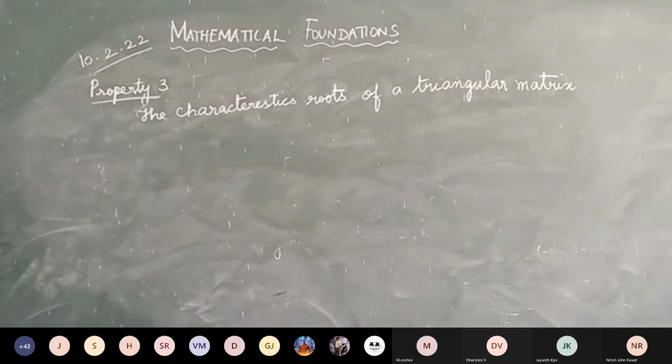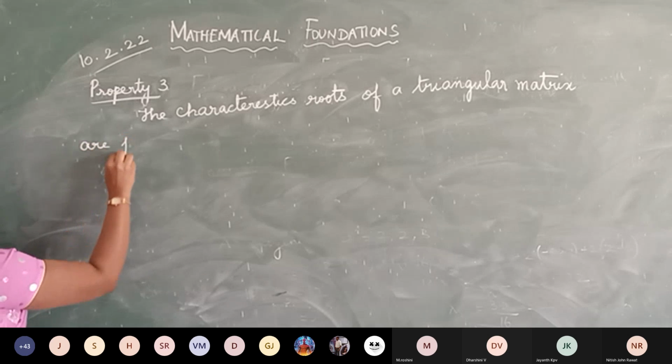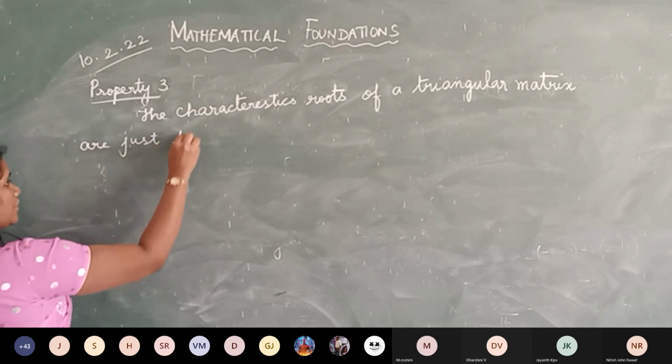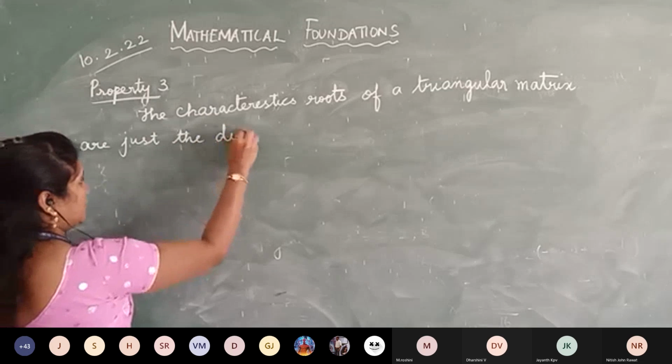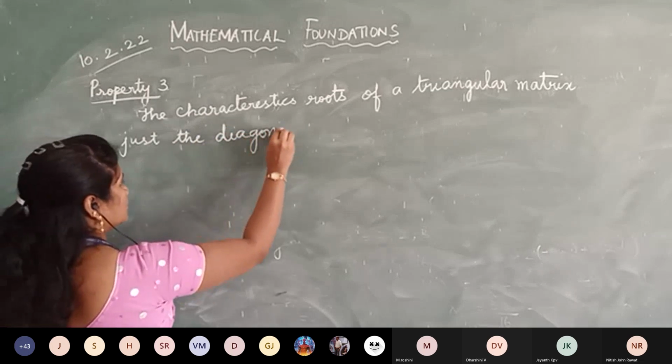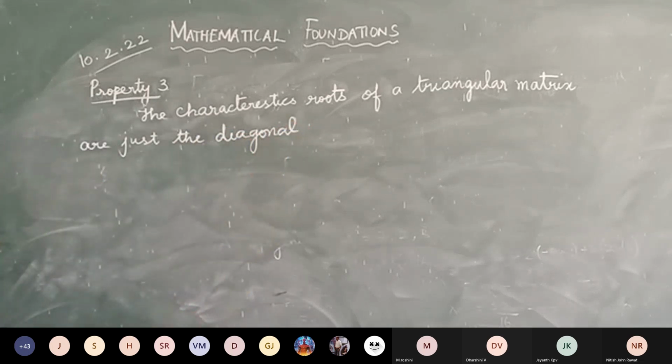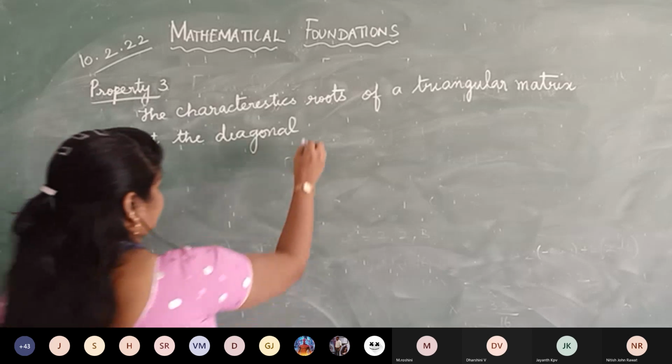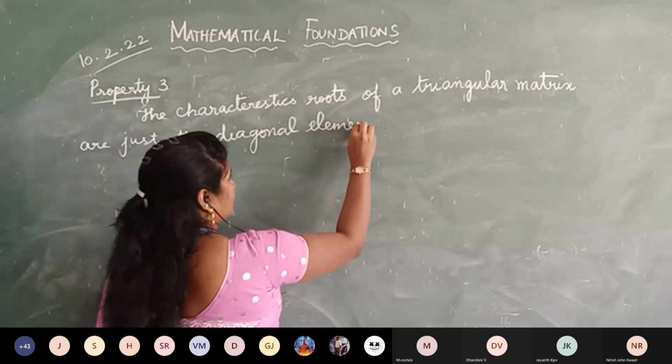The characteristic roots of a triangular matrix are just the diagonal elements of the matrix.